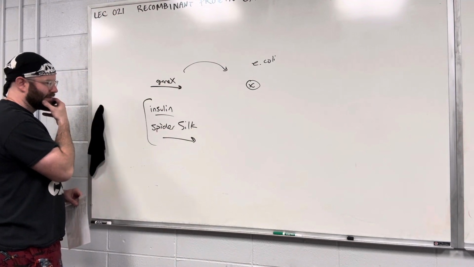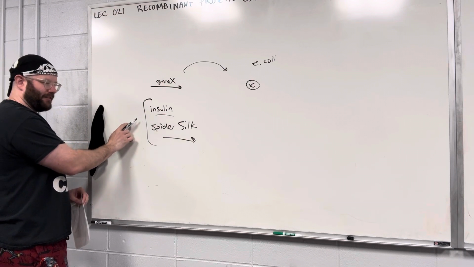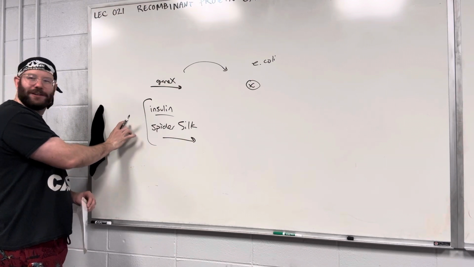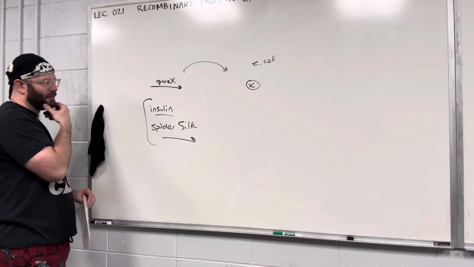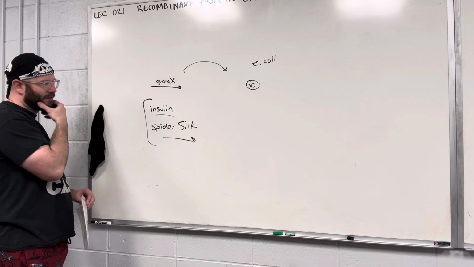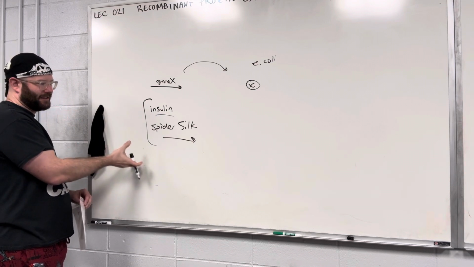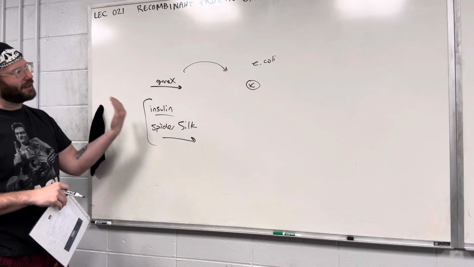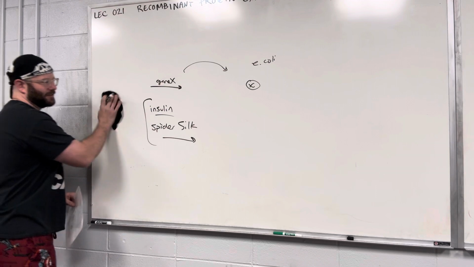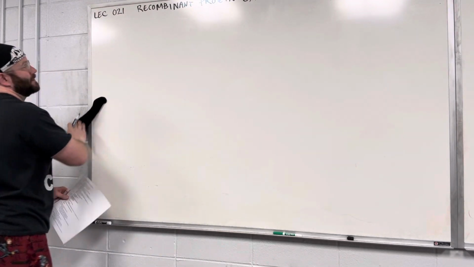So medicines, biotechnological products. Does anybody have any other examples we can think of? Biopolymers. Spider silk is actually a biopolymer. Any other examples? But that's essentially the gist. The gene encodes a protein, so move it into E. coli to get high abundance yields of the protein for downstream use cases.